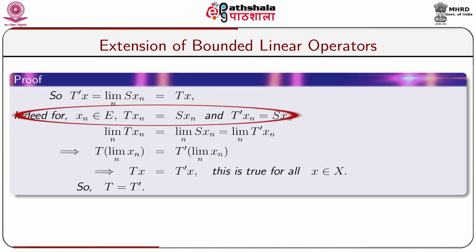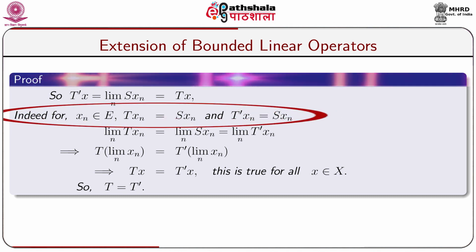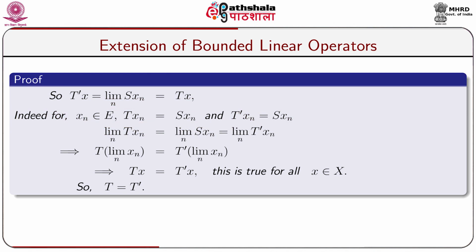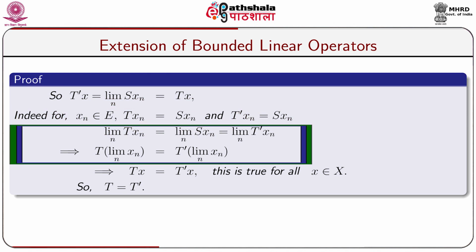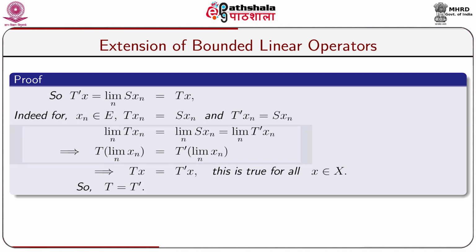For xn belongs to capital E, T xn equal to S xn and T' xn equal to S xn. So, limit T xn equal to limit S xn is equal to limit T' xn, which implies that T of limit xn equal to T' of limit xn. This implies that Tx equal to T'x. This is true for all x belongs to capital X. So, T equal to T'.